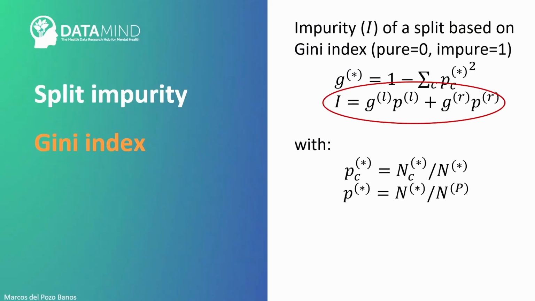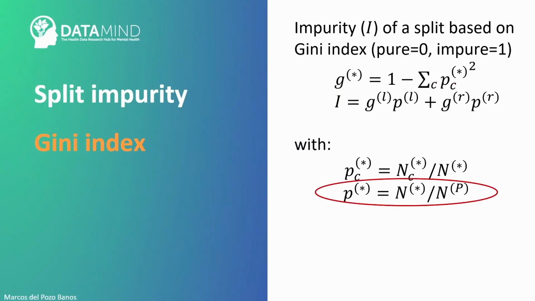Remember that the split produces a left node and a right node. So we compute a weighted average of the Gini values for each of those nodes, the left and the right node, weighted by the proportion of parent samples falling within each node.